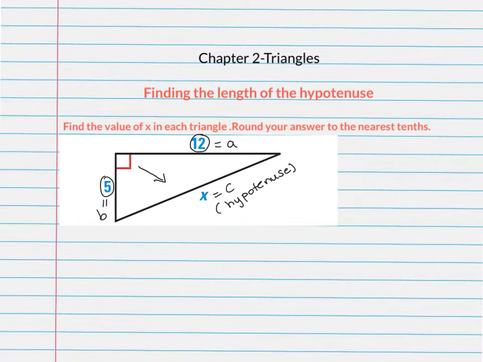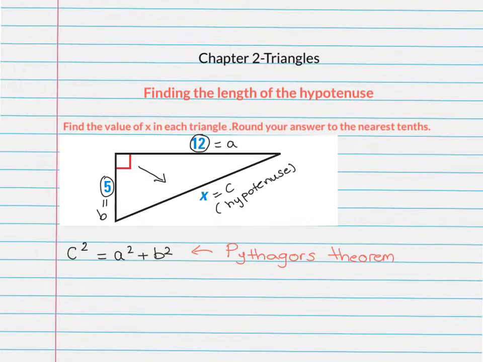What does Pythagoras theorem state? It states that in a right triangle, c squared is equal to a squared plus b squared. Who told us that this is a right triangle? Because over here you can see the 90-degree sign, which indicates that this triangle is a right triangle. Now we substitute a and b with the values that we have.